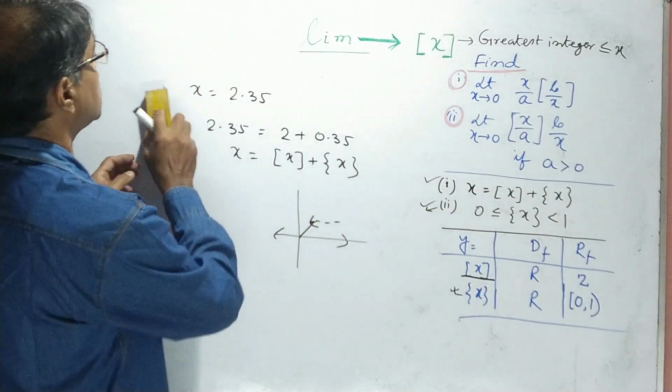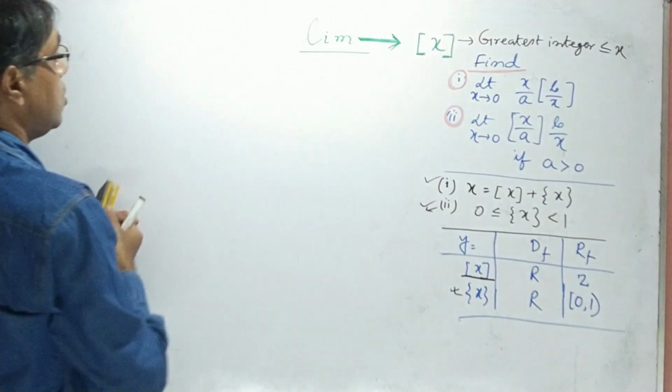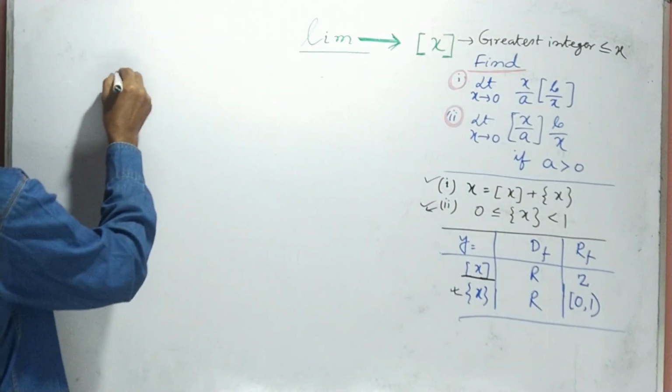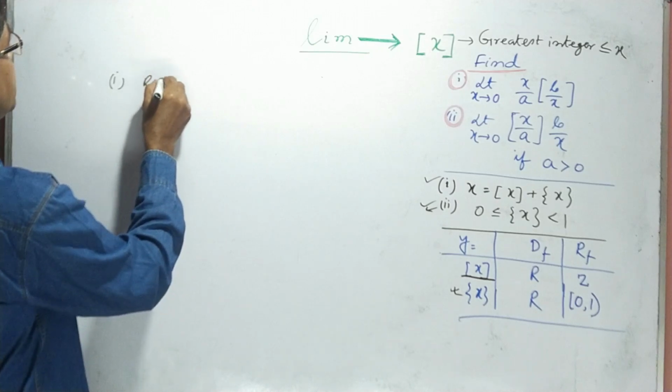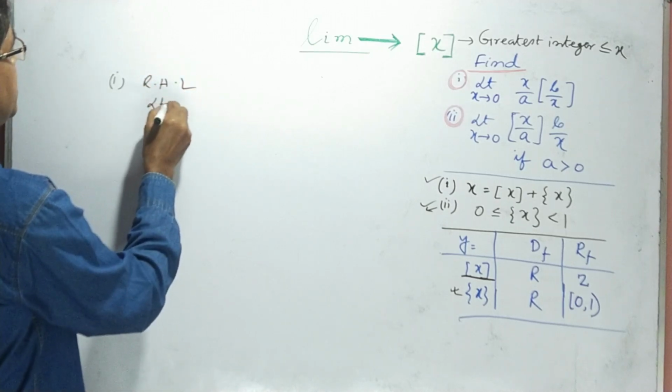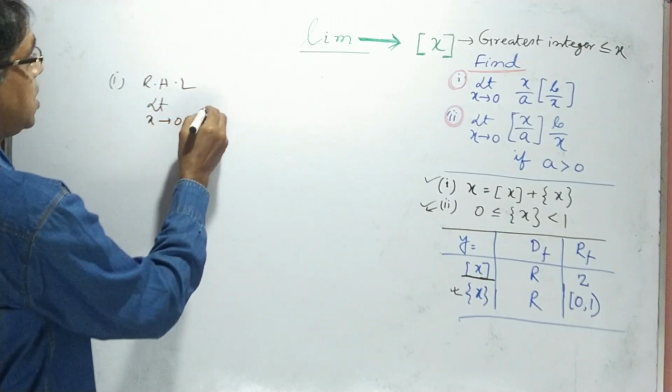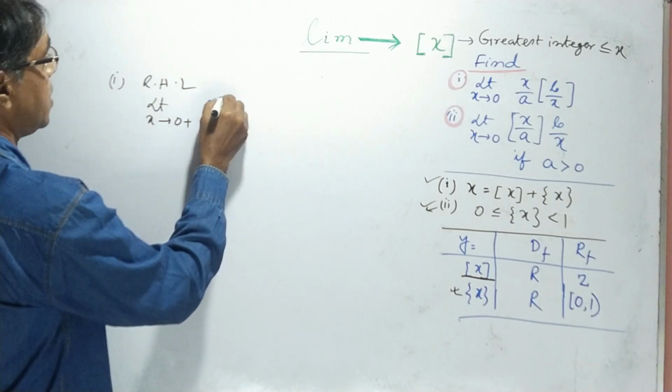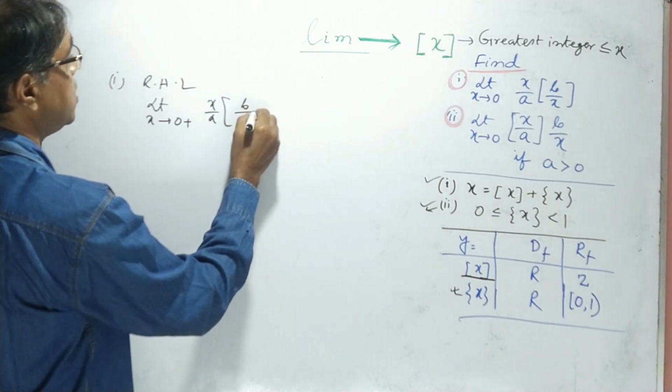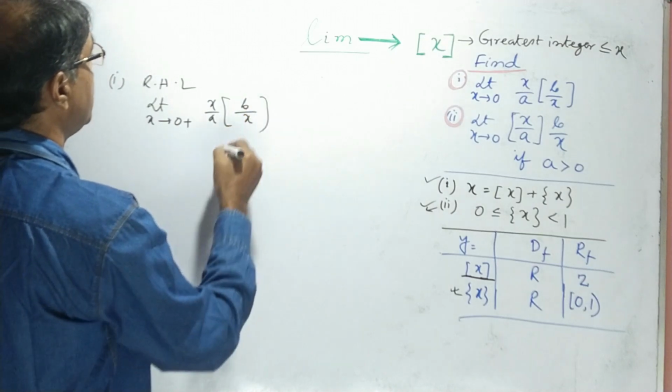Now start problem 1. We will start with the right hand limit, that is, limit x tends to 0 plus of x by a times the greatest integer of b by x.